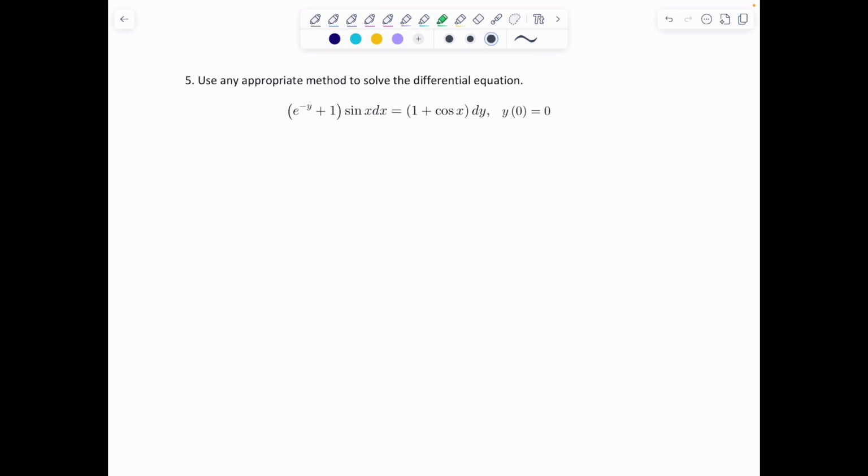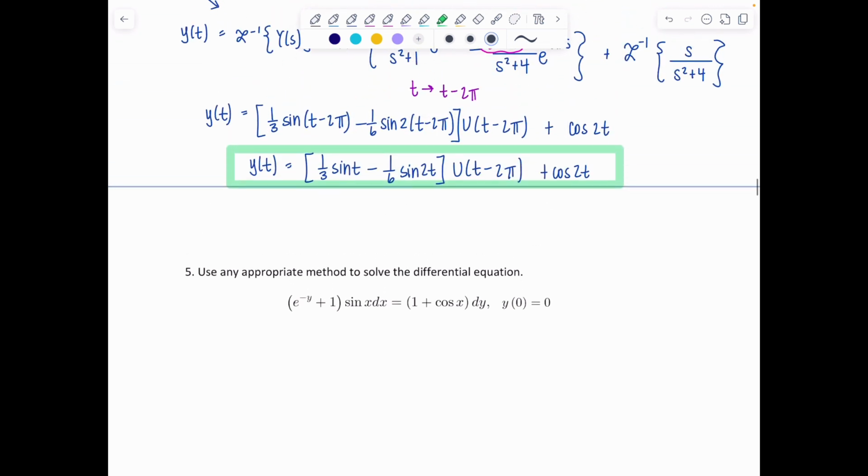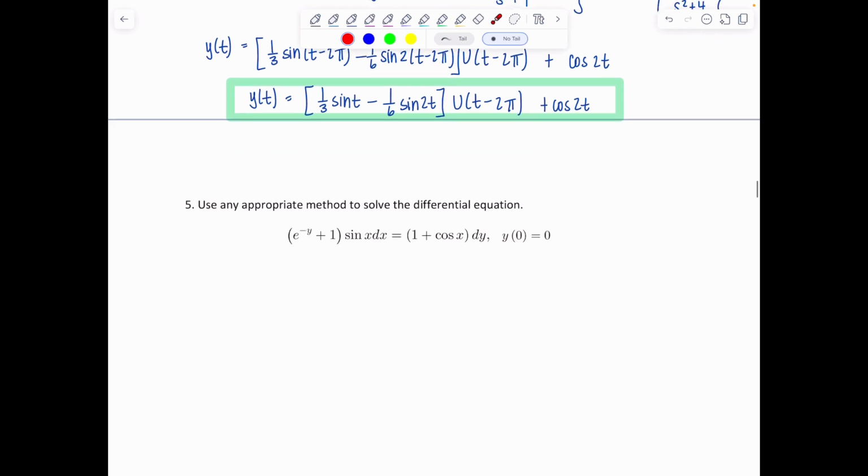In terms of the content of the course, I don't need to see them FOIL. Who cares, right? I don't need to see them find partial fraction decomposition if they can do the cover-up method in their head. I want to see that they know their differential equations. So I want to see that you know the translation theorem. If you don't show me that you know it's t minus 2 pi before it simplifies, that's a problem. That's a big problem.